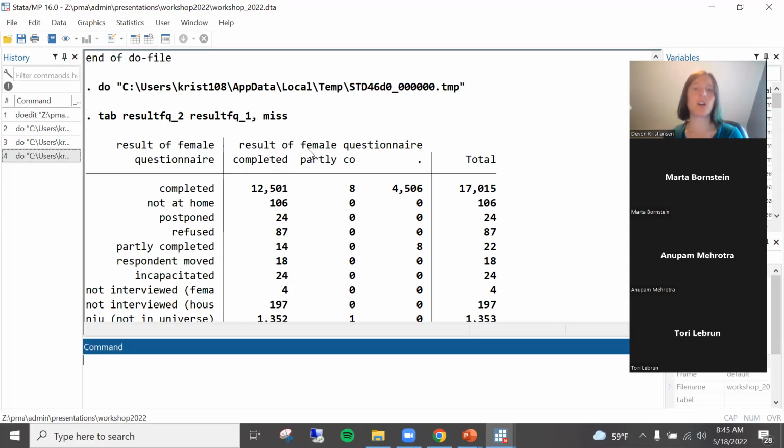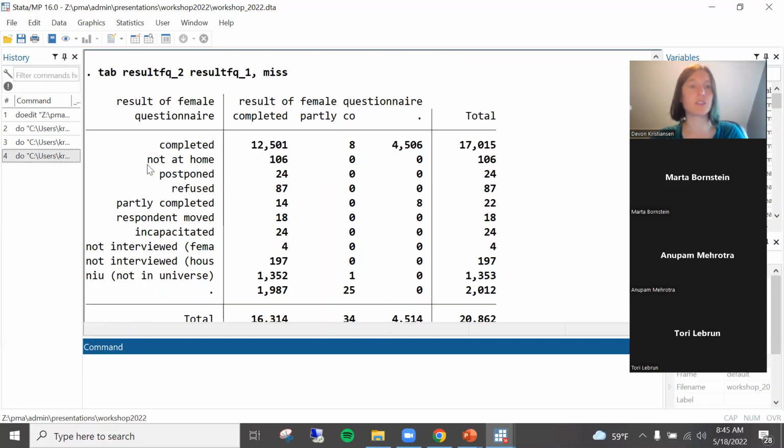So if you recall, when we created the data extract, I chose just female respondents. So we're only seeing women here who completed or partially completed that first questionnaire. But we also get to see if she did not complete the phase 2 questionnaire, how come?